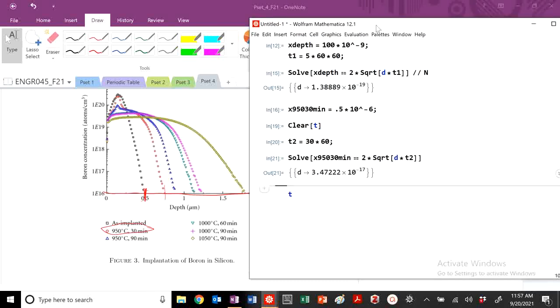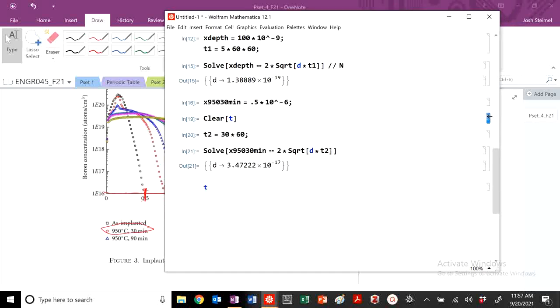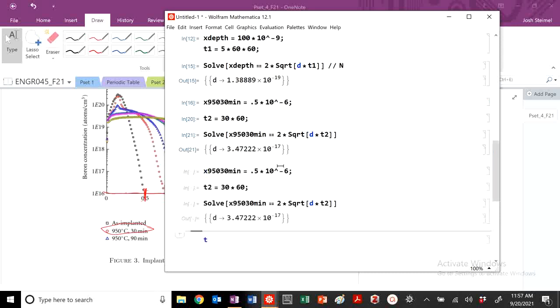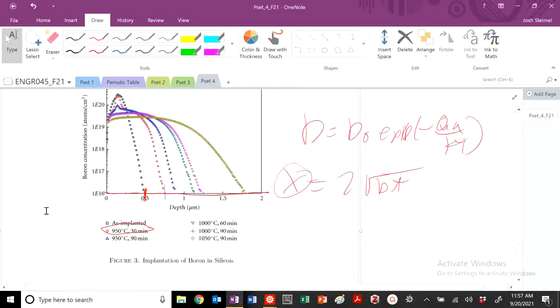Now I want to repeat the same procedure, except for a different distance. Then I'll have two diffusivities, two different times or temperature conditions, and then I could solve for the rest. So let's look at 950 and stick at the same temperature.